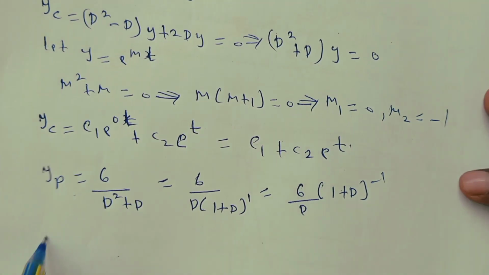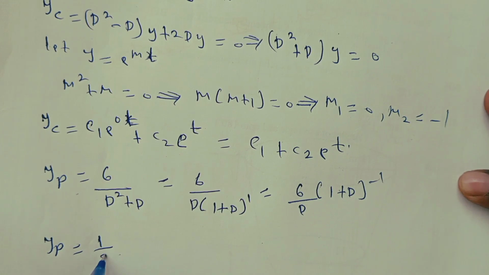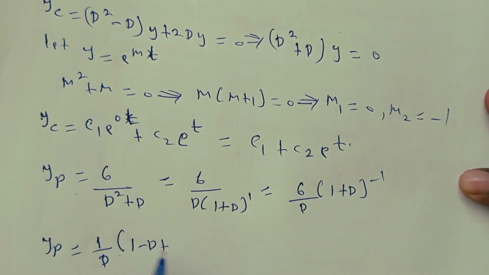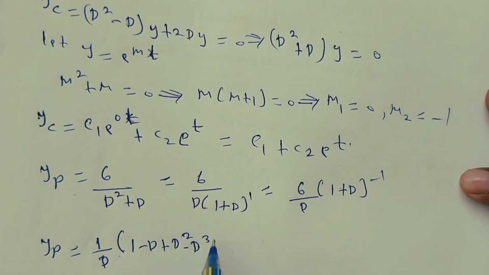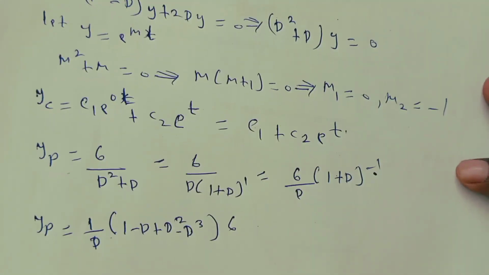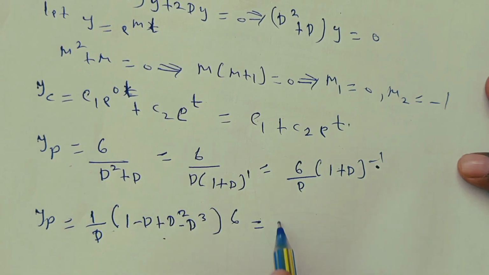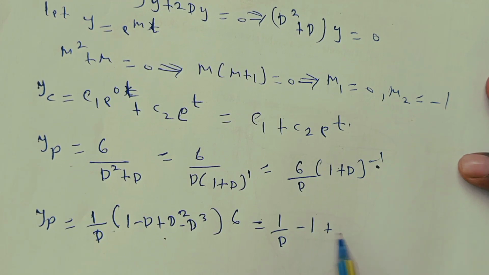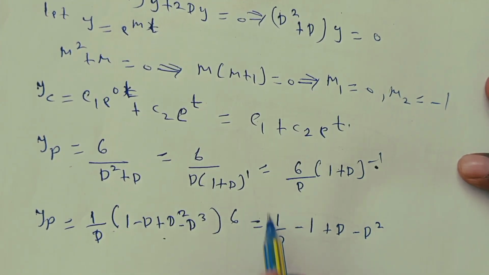Then our yp is equal to 1 over D into bracket 1 minus D plus D squared minus D cubed, multiplying by 6. I have expanded this by power series to obtain this, which is equal to 1 over D minus 1 plus D minus D squared.